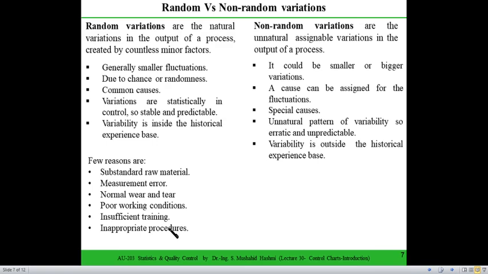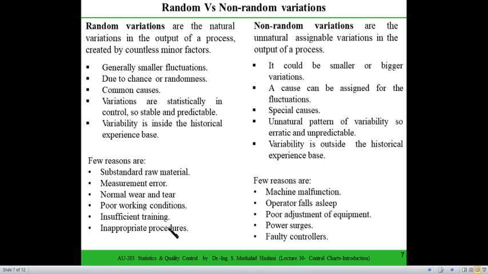This inability to predict is because of the fact that there are special causes, and they are not predictable in this time process, and they are beyond the scope of the historical experience.